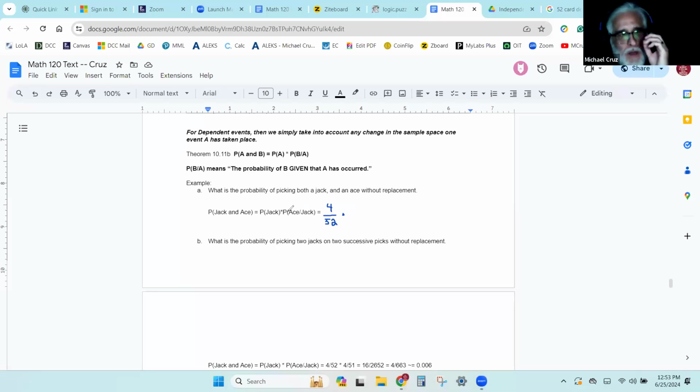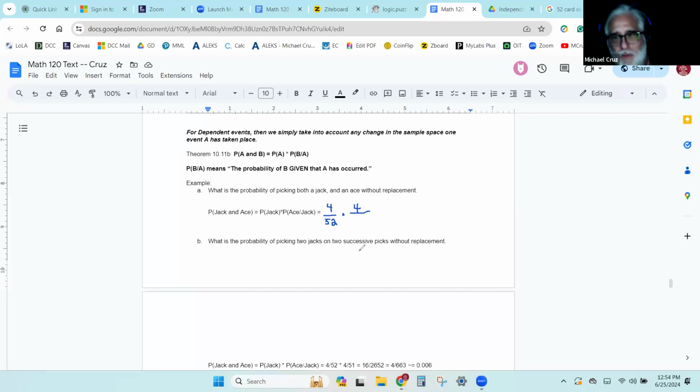Now, there are 4 aces in the deck because there wasn't an ace picked. If we had 2 aces, then there would only be 3 now. But here's the issue: we do have one card that's not there, because that jack that's taken out of the deck is not coming back.